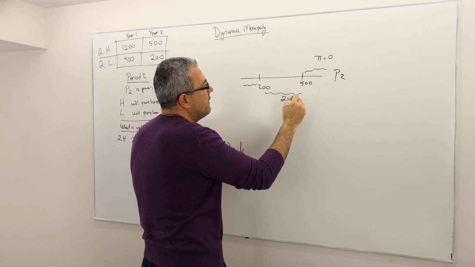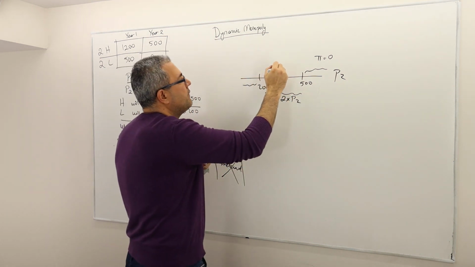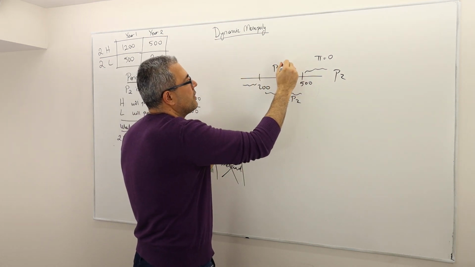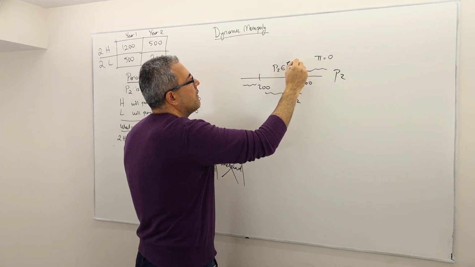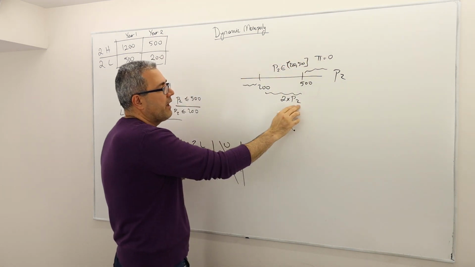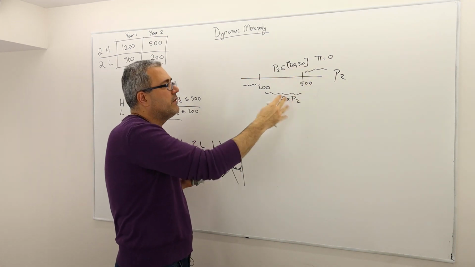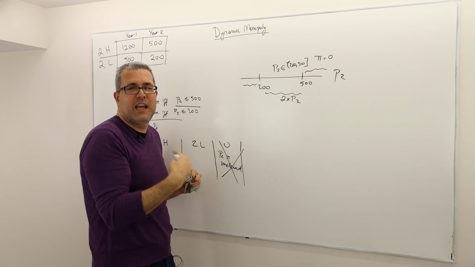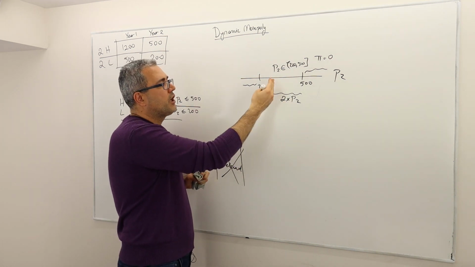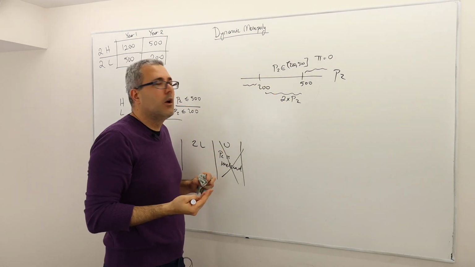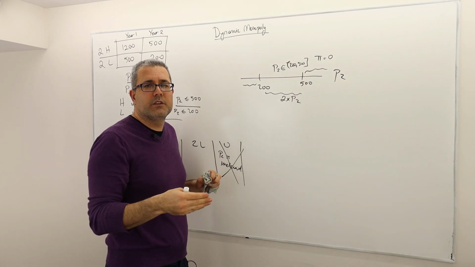2 times P2. P2 is in this 200 to 500 range, so whatever P2, it's going to be 2 times P2. Obviously the maximum can be achieved if P2 is equal to 500. That was my point. There's no point of charging $250 or $300 or $400. Why?